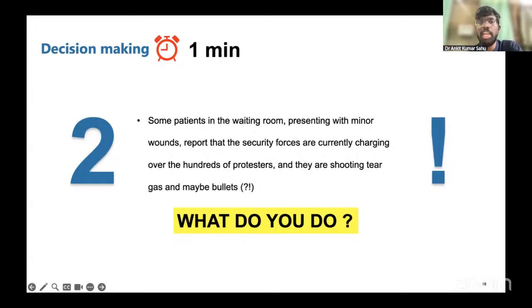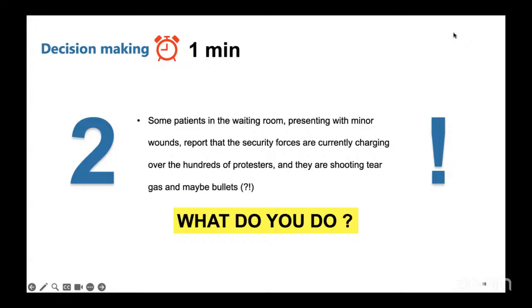The second thing is something called heightened readiness. You should be prepared that if the patients are coming to me, I'll start the triage, I'll activate the SET, that is security, evacuation and triage, and I'll activate the MCM. So you are right, we'll start with triage, but as a leader, as an incident commander, you are going to check whether your heightened readiness is correctly prepared or not, and you have to alert everyone that an MCM might be coming.